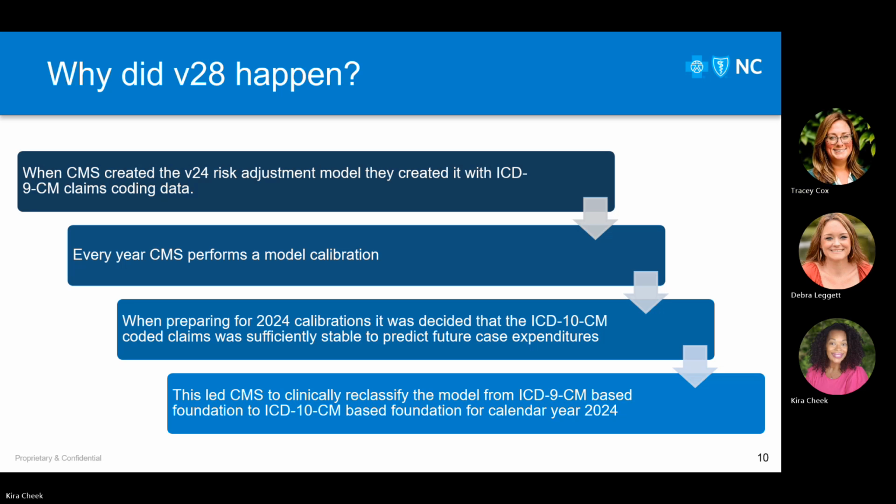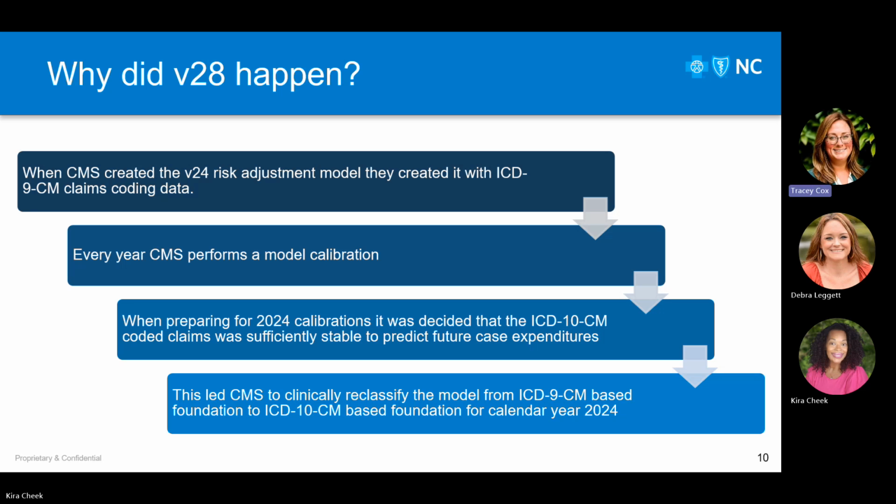So we'll start with why did V28 happen? The reimbursement model is based upon a shared risk between providers and payers. The associated risk adjustment model uses past claims data to predict future expenditures, which ultimately lead to provider payments.